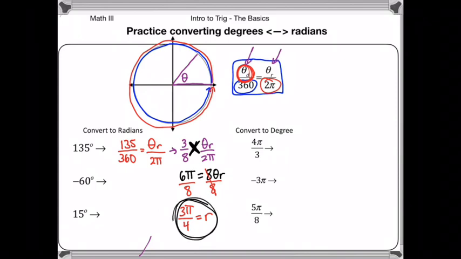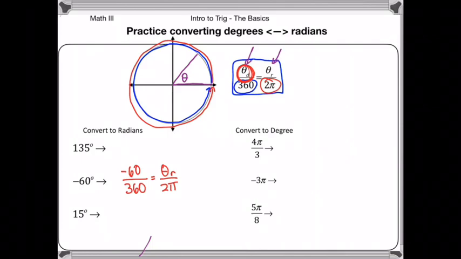So just to show you, about 135 degrees is going to be right here, and 3/4 of the way to pi is going to be the same radial measure. All right, so let's look at the next one and see how a negative sign could impact it.